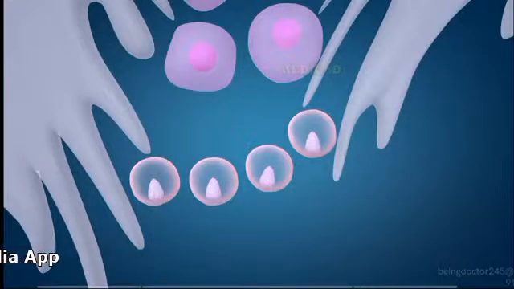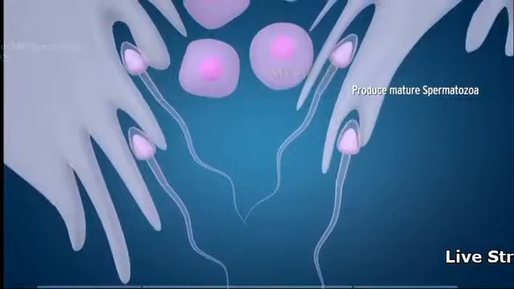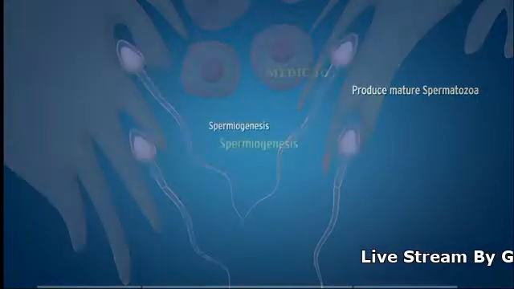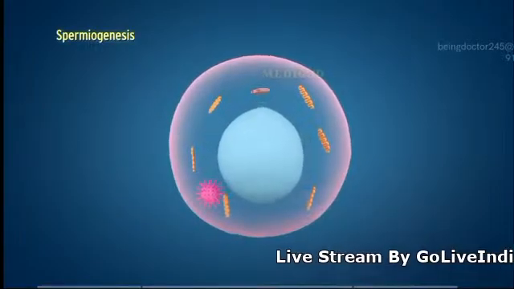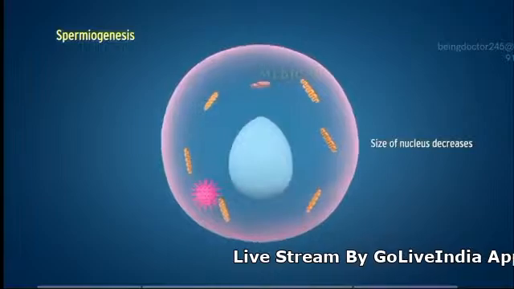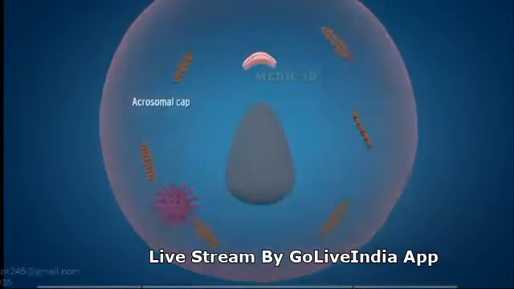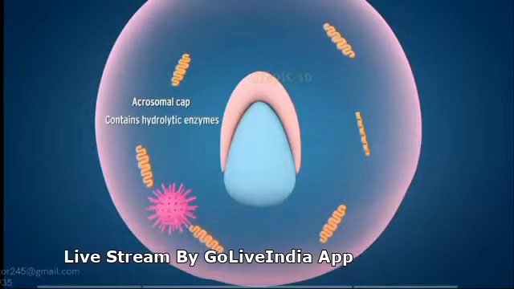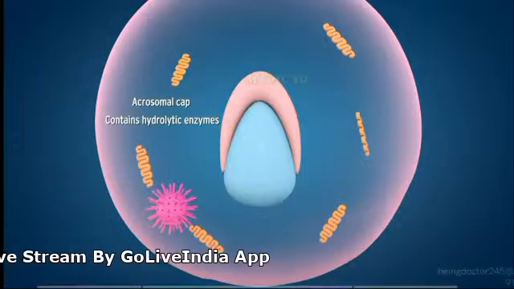Spermatids are small rounded cells that undergo series of metamorphosis to produce mature spermatozoa, and the process is called spermiogenesis. Spermiogenesis. During the process of spermiogenesis, the size of nucleus decreases. An acrosomal cap is formed on the sperm head, which contains hydrolytic enzymes that are necessary during fertilization.